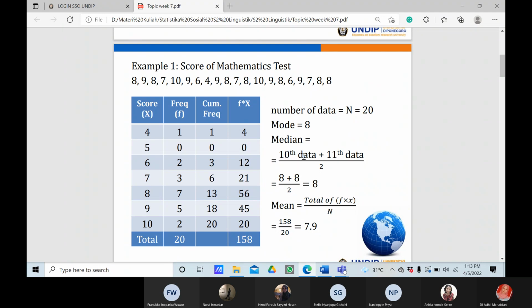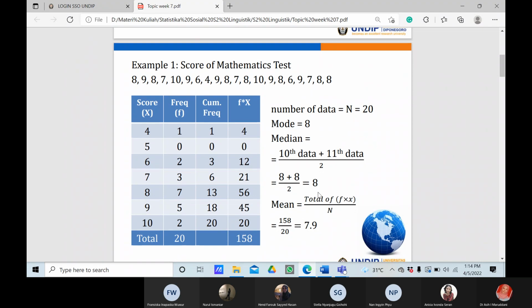Then the 10th data is 8. The 11th data is also 8. Then the median will be 8 plus 8 divided by 2. And you can calculate then that the median will be 8.